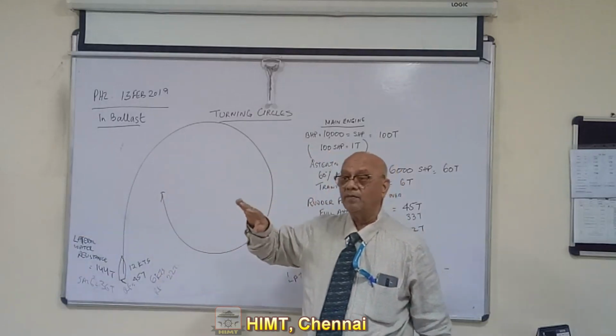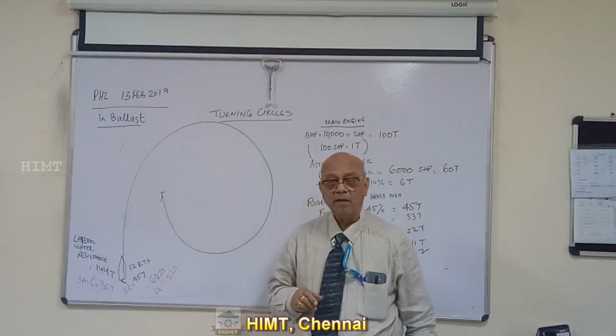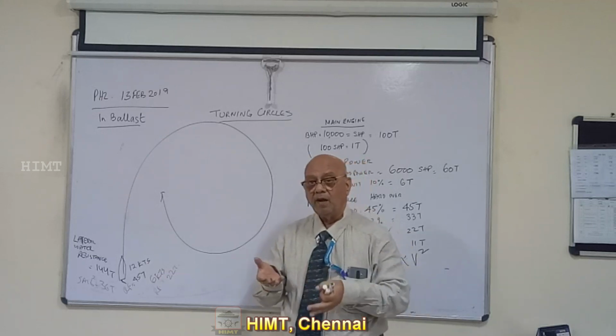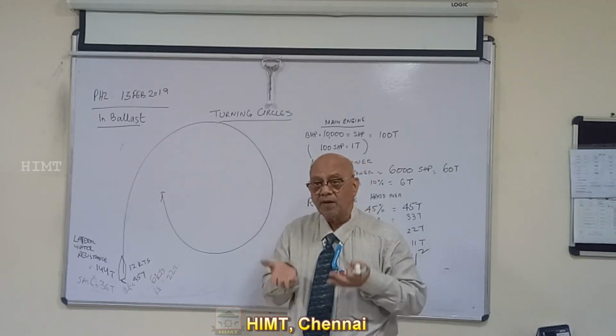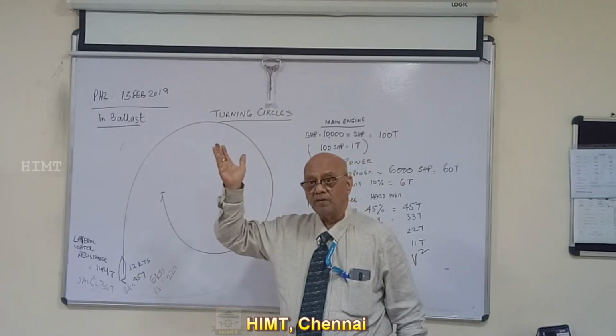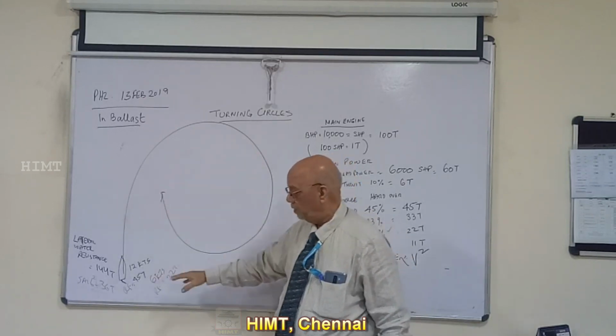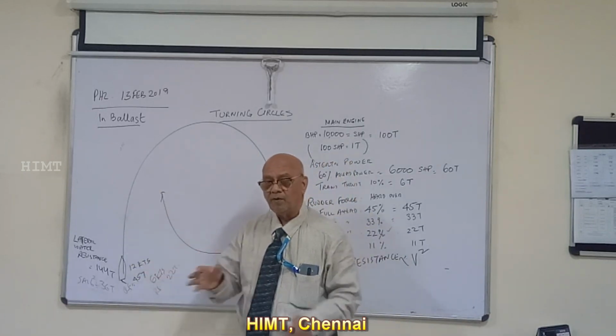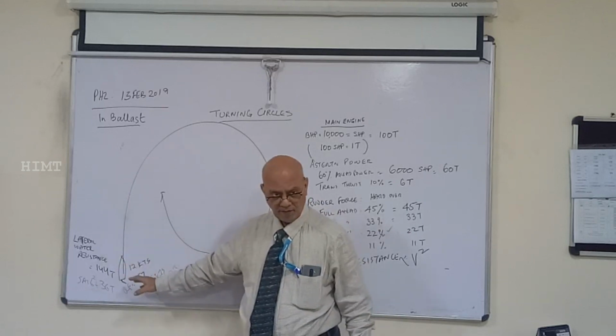Though the rudder force has come down and the water resistance has come down, the underwater volume of the ship has come down compared to loaded condition. Full head and slow head: the speed has come down, but the underwater volume is the same at full head and slow head.